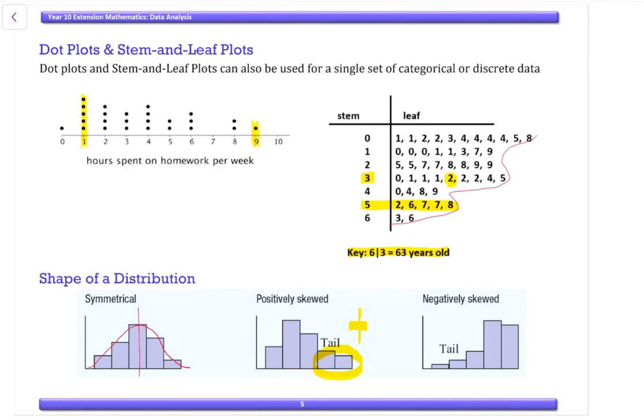So if we think about that stem and leaf plot, that would be considered positively skewed. Okay, so most of our data is down the negative end, but we have this tail on our positive end, which is why it's called positively skewed. Negatively skewed has the tail on the negative end. Okay, so you've got some low figures, but the majority are up the top. Okay, and this is important because it's going to affect our data if we find statistics or calculate statistics.